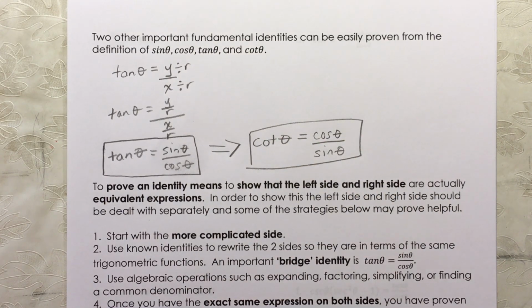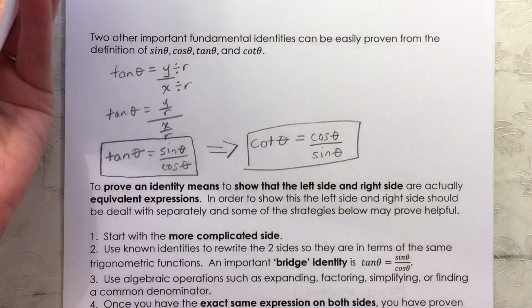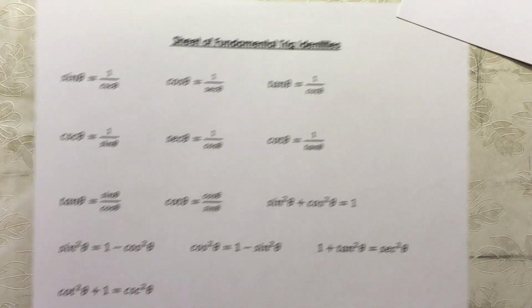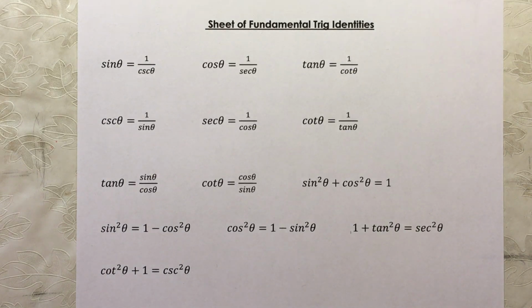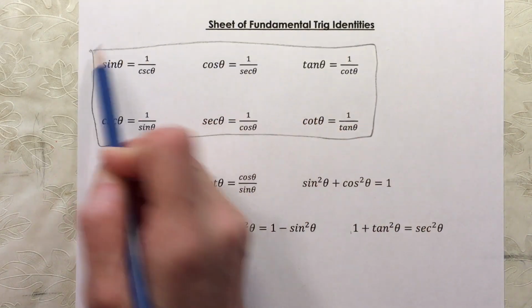So those are all the fundamental identities, and you have a sheet to print out that has the fundamental identities on it. So we're just going to look at that for a second. So these are our fundamental identities. Again, these 6 are our reciprocal identities.